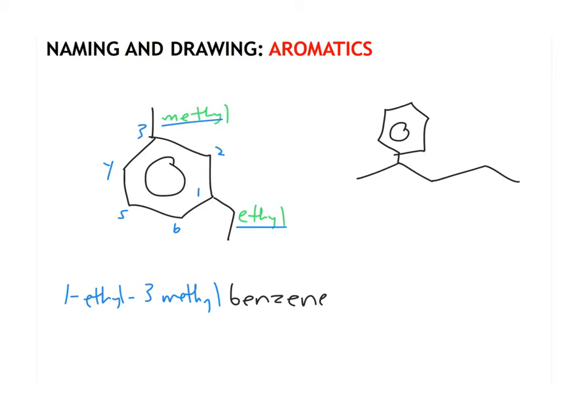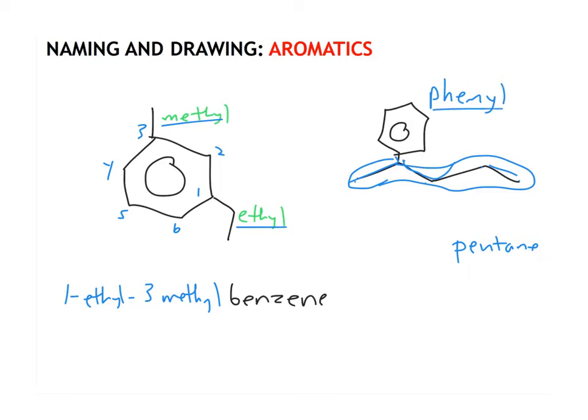If it is a side chain, so now my parent chain is this, 1, 2, 3, 4, 5. So it's a 5 carbon chain. My parent chain is pentane. I don't really have a name for something that goes this way and something that goes that way. That's why the parent chain is pentane. So if it's a side group, my parent chain is pentane, and then we call it phenyl. So if it is a side chain, it's called a phenyl group.